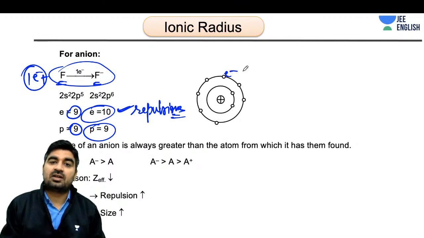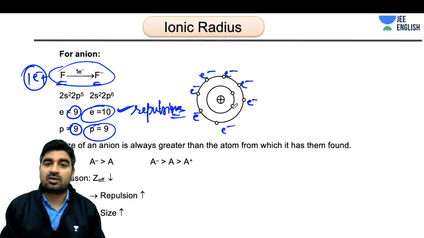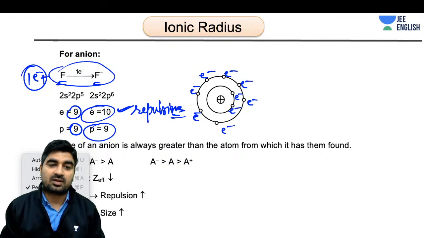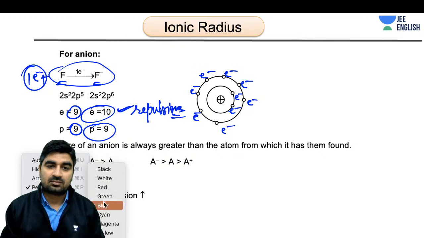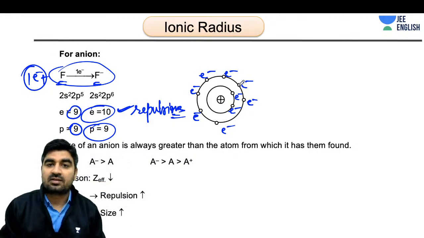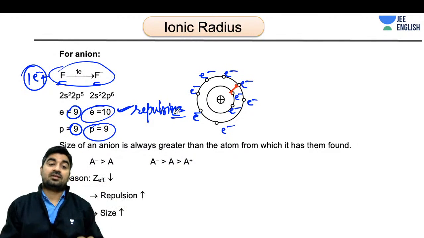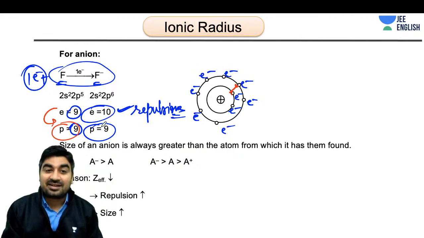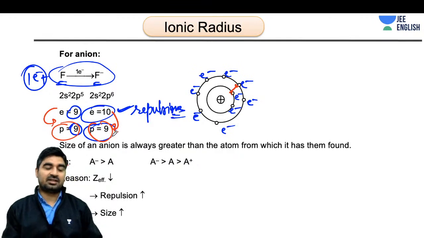Because now we have 10 electrons in a very small region, so we have repulsions over here.